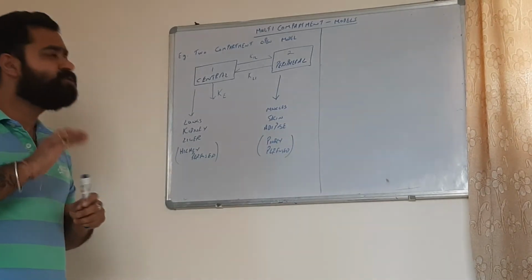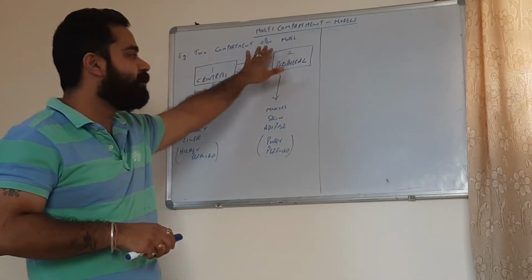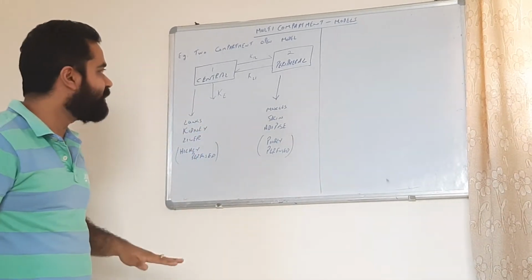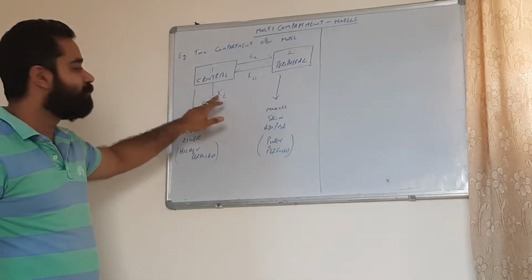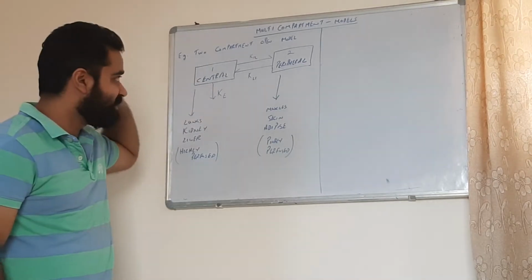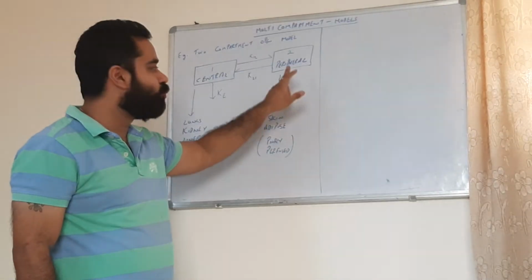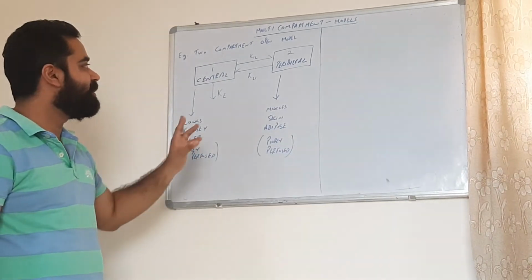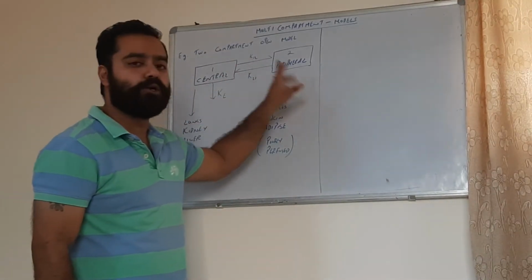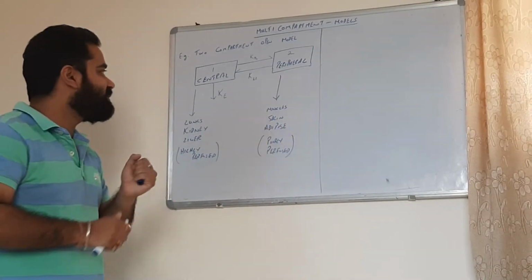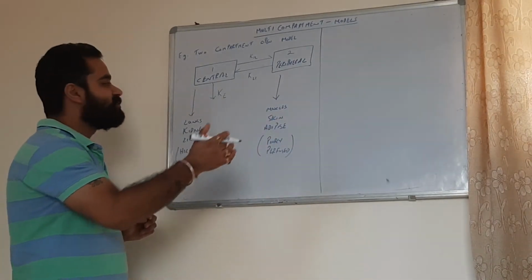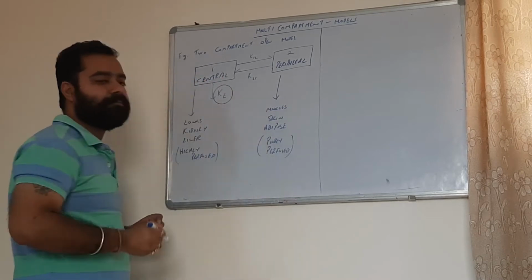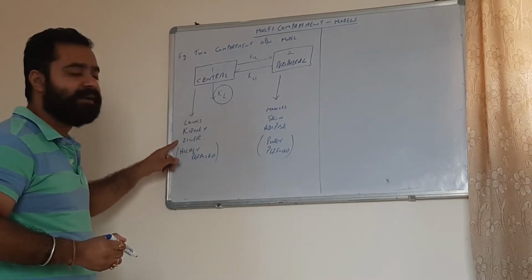Based on this, we can divide the two compartment open model into three classes. The first is where elimination happens only from the central compartment. The second is when elimination happens only from the peripheral compartment. The third is when elimination happens from both. For this level, we are just considering the drugs where elimination happens only from the central compartment, that is the lungs, kidney, or liver.